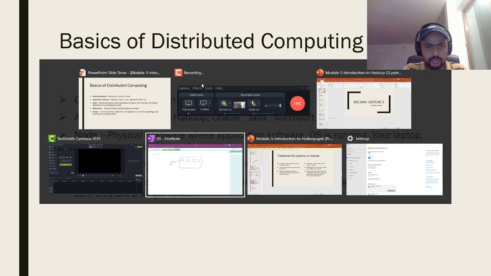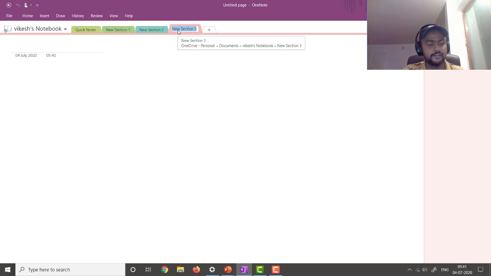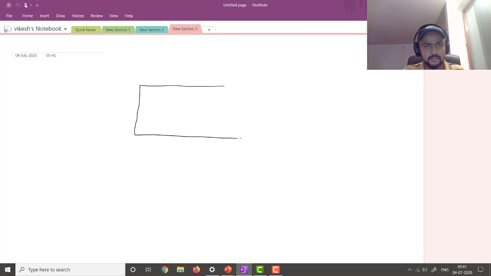So let me just switch to my note, and I will show you with a visual diagram. Let's say this is a data center, and then you have a bunch of computers.